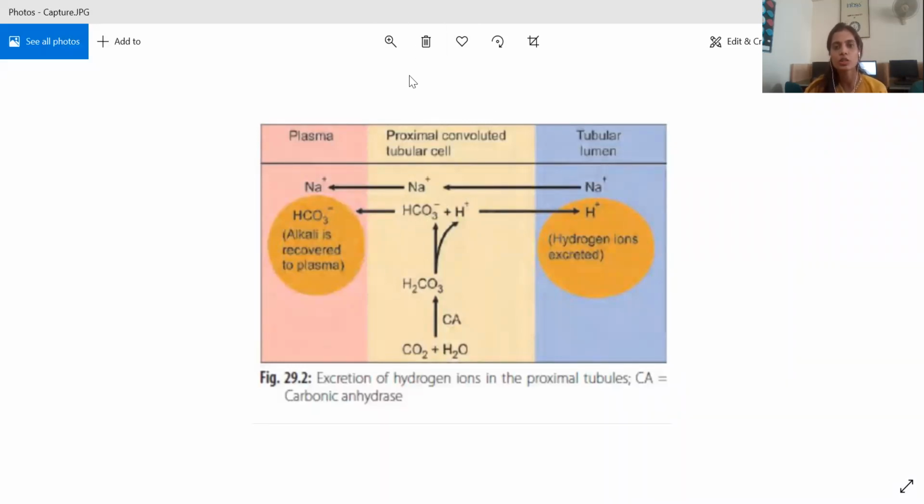Here you can see that carbon dioxide and water, in the presence of carbonic anhydrase, are getting converted to H2CO3. Now it is releasing HCO3 minus ions and H plus ions. The HCO3 minus ions are getting into plasma, and the H plus ions are getting into your tubular lumen. So this was what I was talking about.